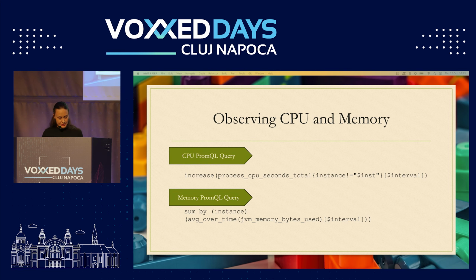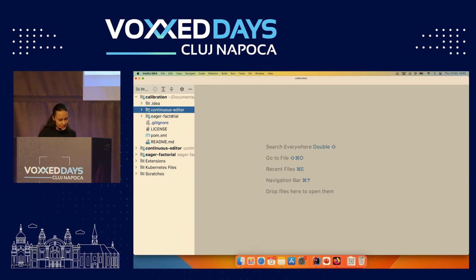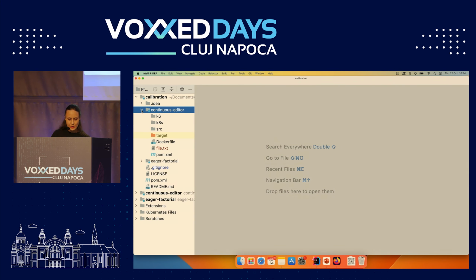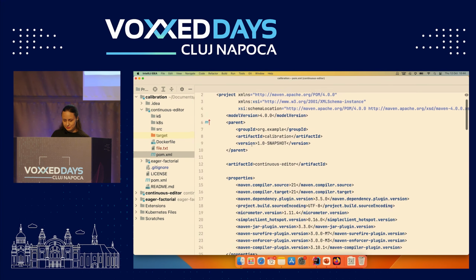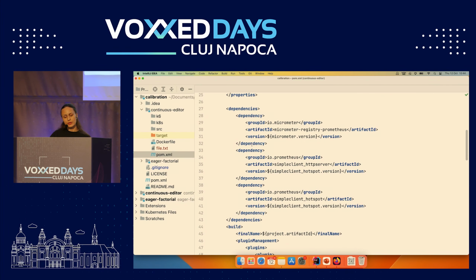So let's see if this works. Okay, good. So the two applications, just to see them, first of all, they're running on JDK 21, but they use no framework. I want to keep them simple. I didn't want to look into a particular framework.